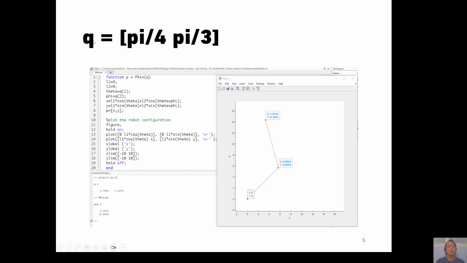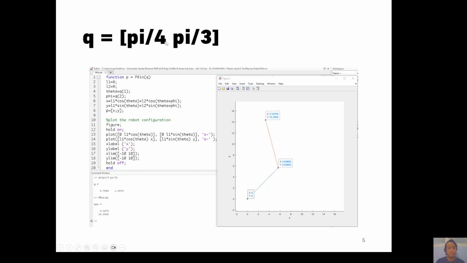If q are the angles, this is theta. If theta is pi divided by 4, and if phi is pi divided by 3.